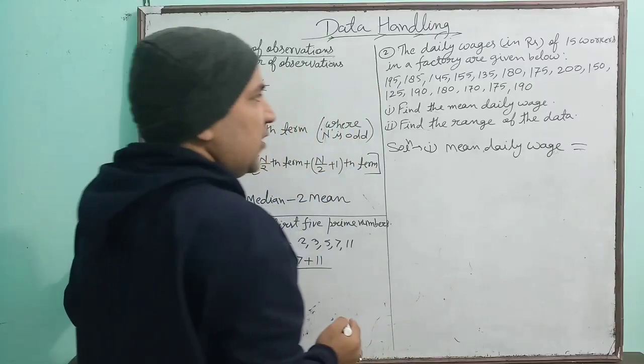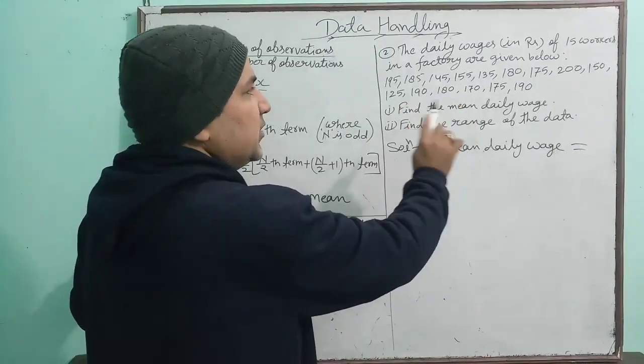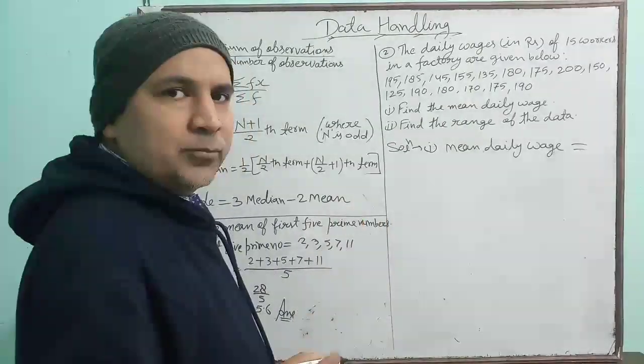So what is the formula for mean? Sum of the observations upon number of the observations.